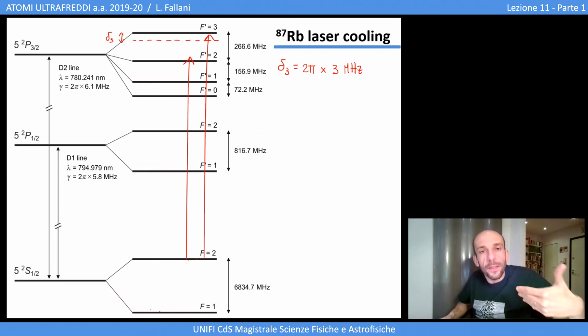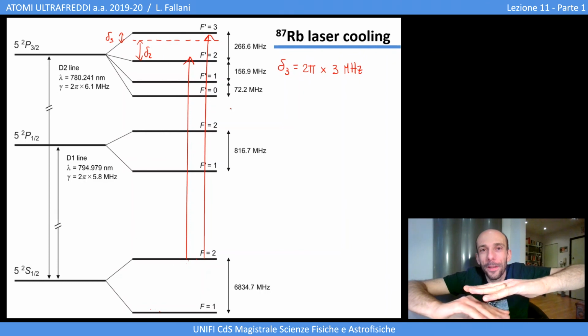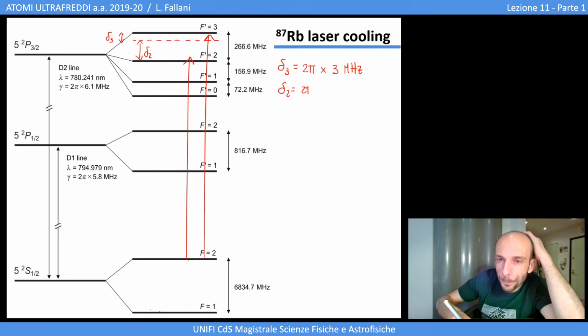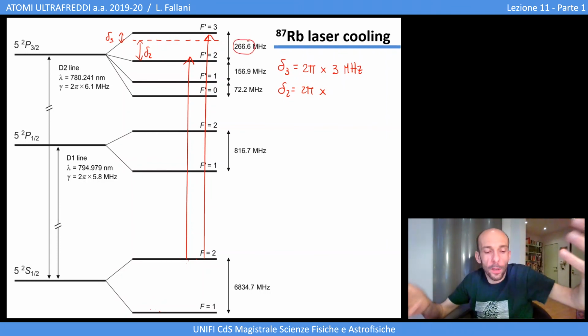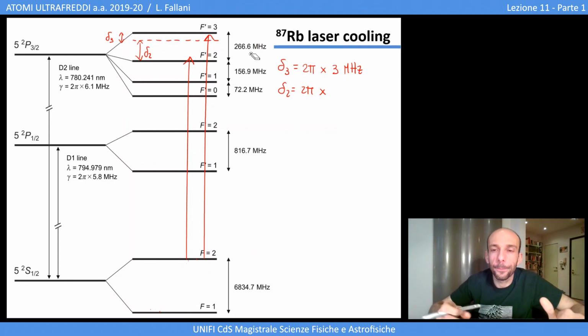But then you will have some detuning delta 2 that is not wanted, but it is there, from the state that is right below. And this detuning, let me write it, is 2 pi times 264 megahertz.